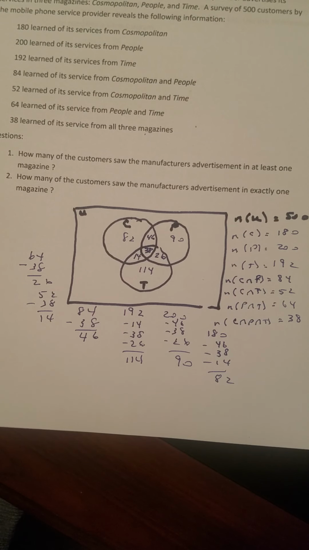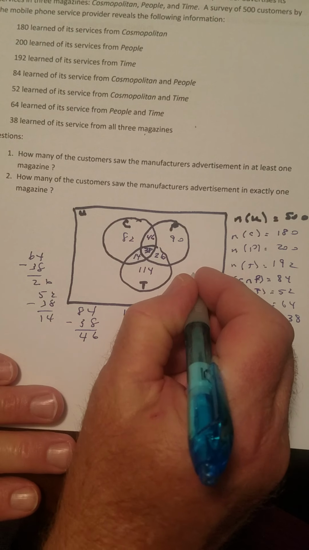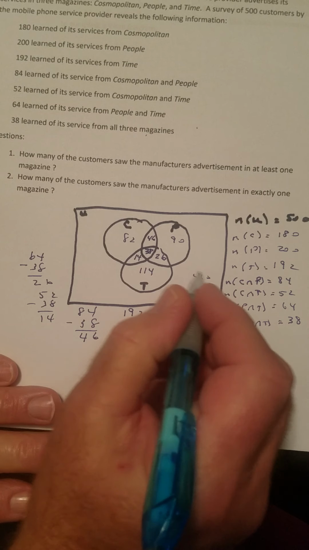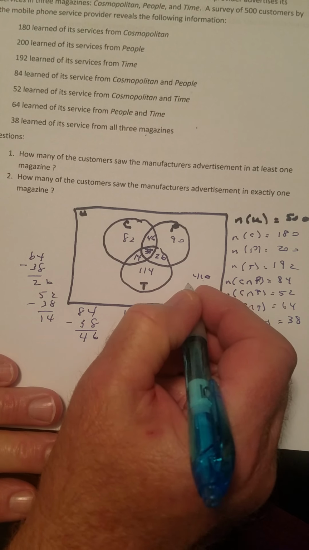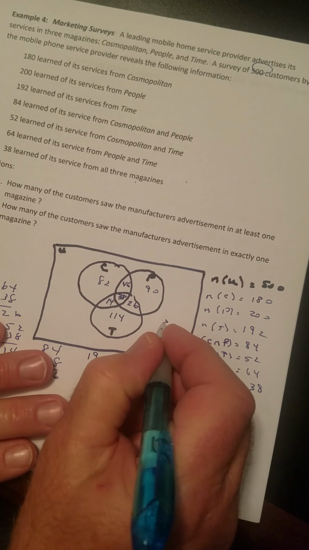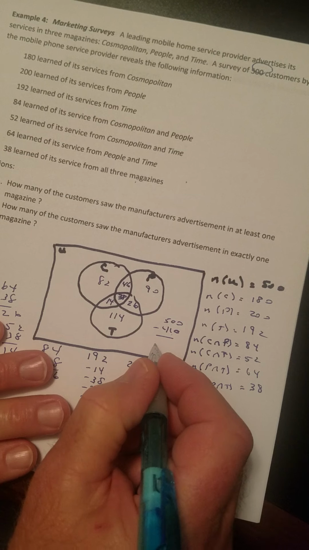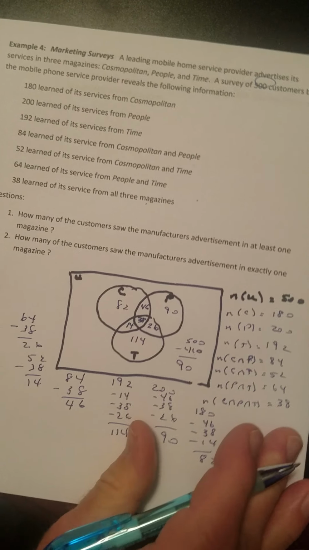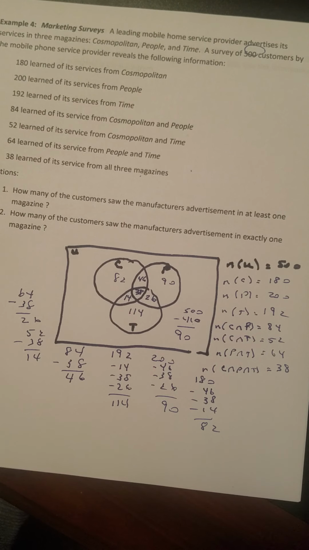And that's 410. That's 410 inside the circles. Go back up here, there was 500 altogether. So if I take the 500 and I subtract the 410, that means there's 90 on the outside of the circles.